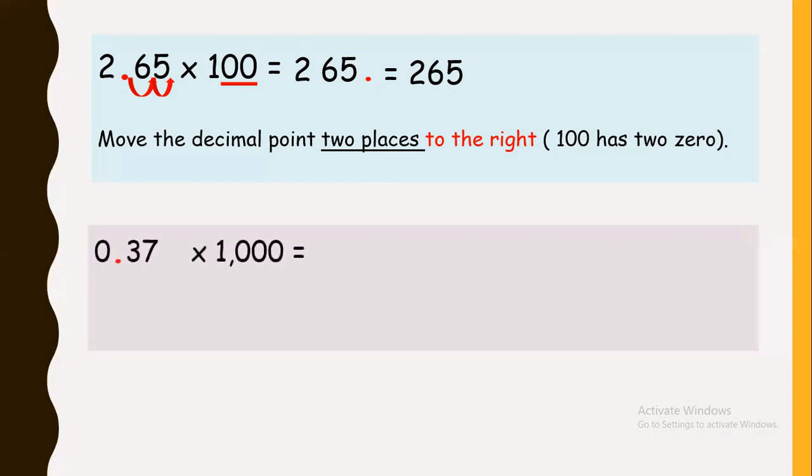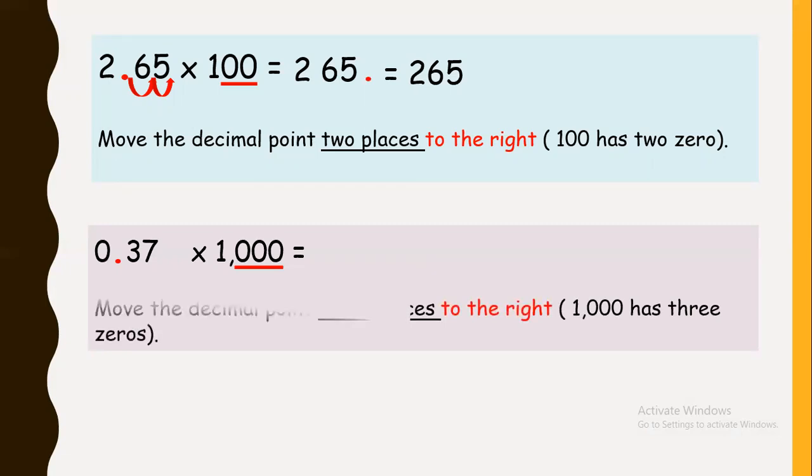Now, 0 and 37 hundredths times 1000. The 1000 has 3 zeros. So move the decimal point 3 places to the right because the 1000 has 3 zeros. So 1, 2, 3. What about the last place? We have no digits here. So we add 0.